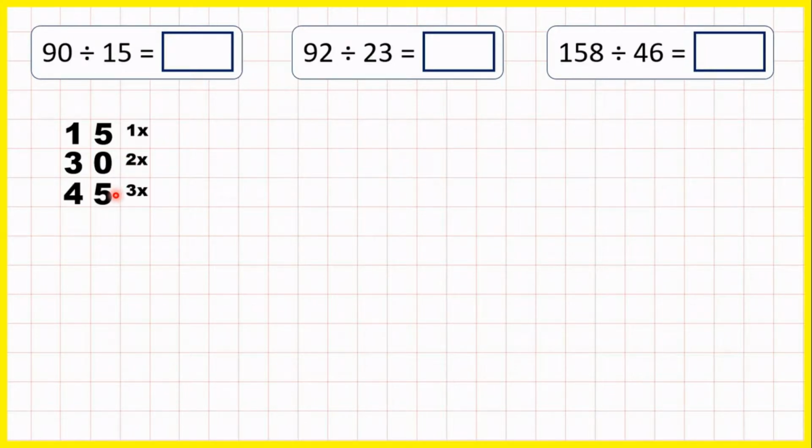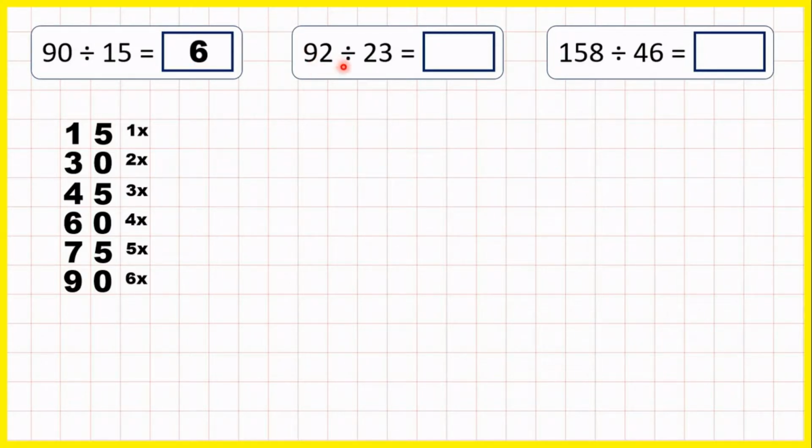Add another 15, we get to 45 as 3 times 15. Then another 15, we know that 60 is 4 times, 75 is 5 times, and 90 is 6 times 15, which means that 90 divided by 15 must be 6.